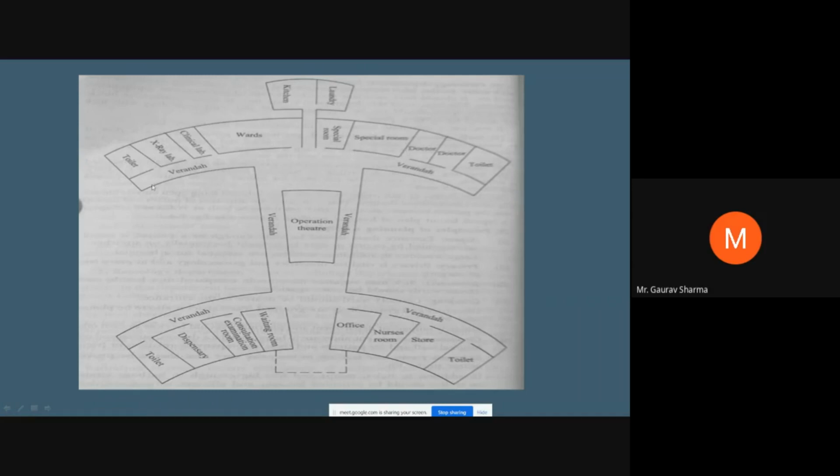Again, here we have different limbs joining with the veranda, and you can call it a corridor too. So we have different ward facilities here. You can see that this ward has quite a larger area compared to any other facility because it is the main center of attraction of a hospital building.